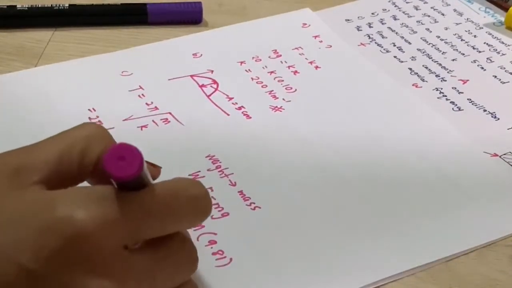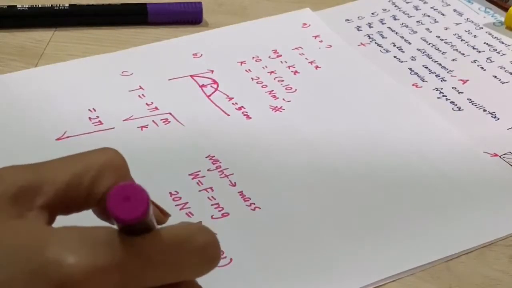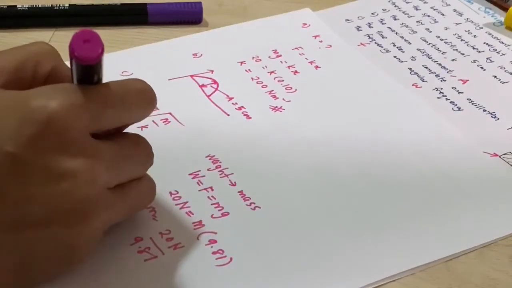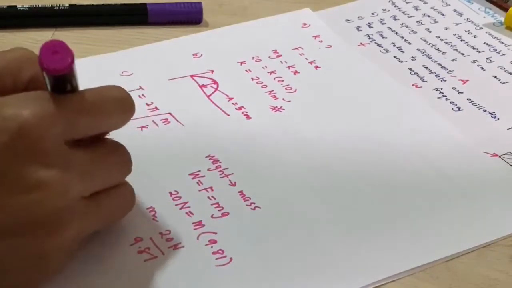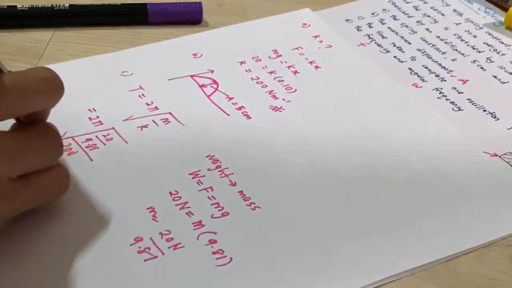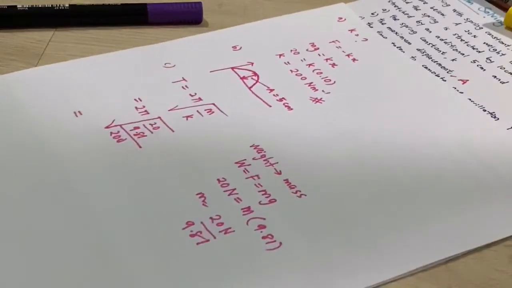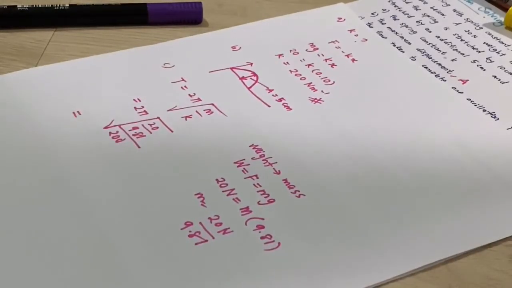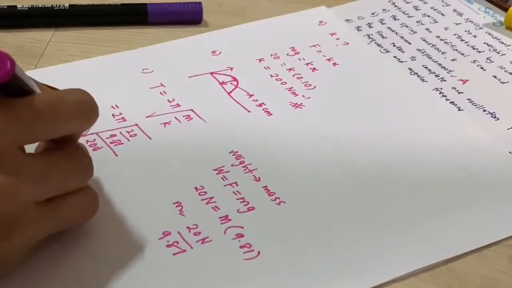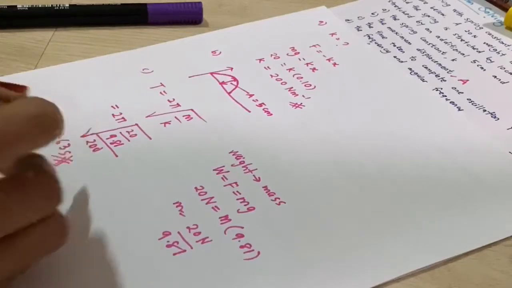So mass is 20 Newton divided by 9.81. So 20 divided by 9.81 and divided by K, 200. Solve this equation and you will get the answer, 0.63 second.